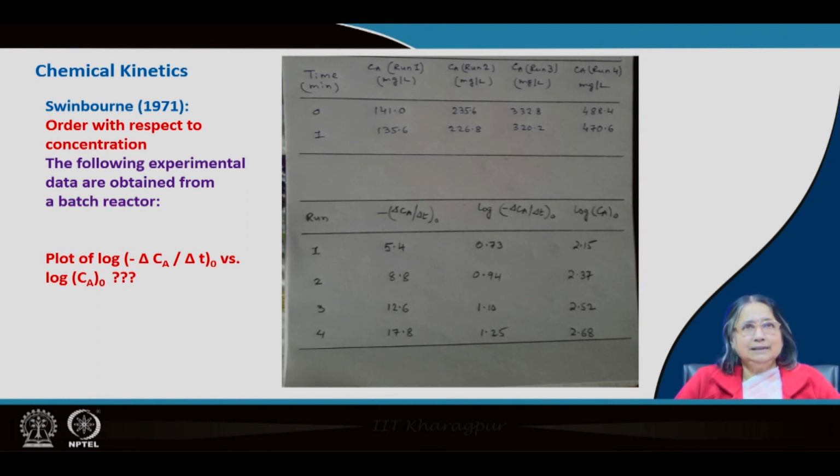Here in this case you are taking the initial part, a very short time period, and that is the order with respect to concentration.